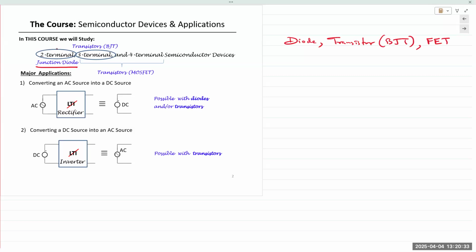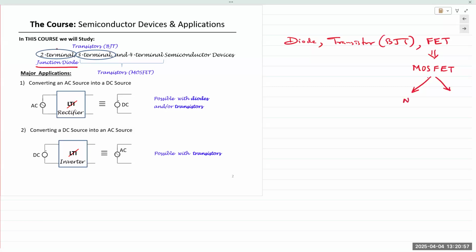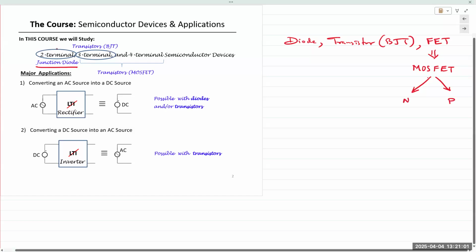The most common type of FET is the MOSFET, metal oxide semiconductor. Okay, MOSFET. And MOSFET devices and transistor devices also come in two flavors: there's an N channel and there's a P channel. Okay, we'll look at that later on in this course, but this is just a broad overview.